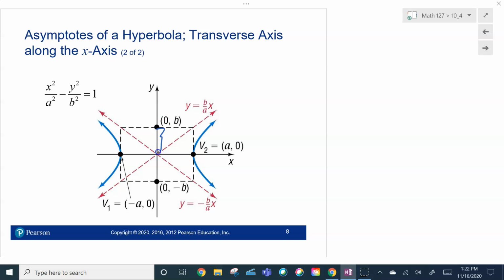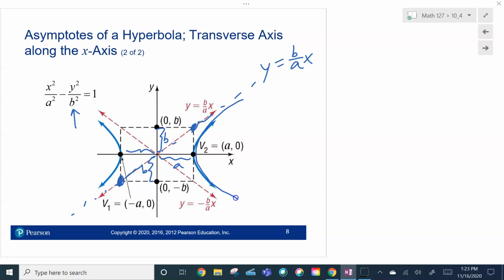If I go up, this is the b amount that comes from the b value in the equation, and we know this is an a amount. So if I go up b and over a and put a dot to make this rectangle, and then I go down b and over a and put a dot, and I draw this asymptote, that asymptote is y equals b over a x. That's the equation of that asymptote.